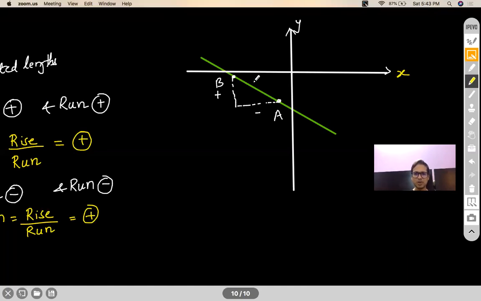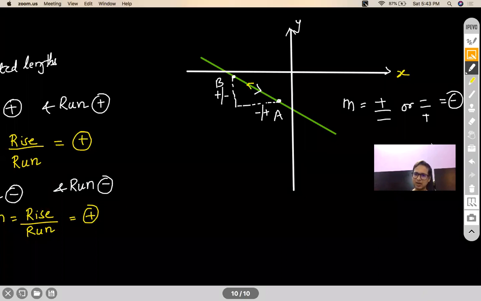Or if you move from B to A, your rise will be negative and your run will be positive. That means in either case, your slope would be a positive by a negative or a negative by a positive. That means your slope will always be a negative quantity in such cases.